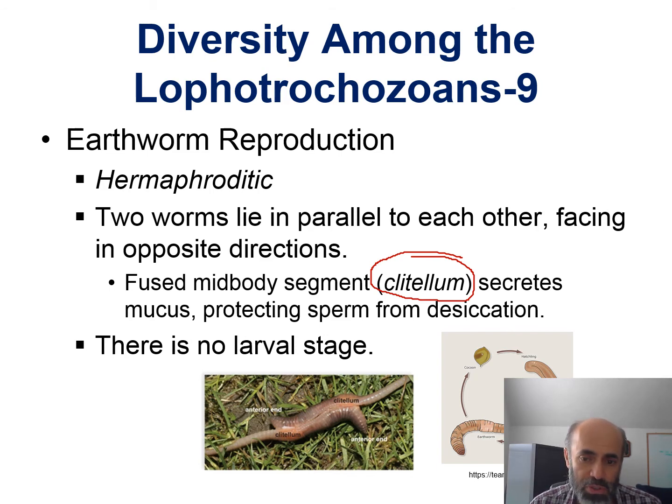When it matures, it slides off the body, and when it is deposited in the soil in moist conditions, it helps those tiny embryos to germinate. In their case, they don't really have any larval stage, so from the embryo, they very quickly become young adults.